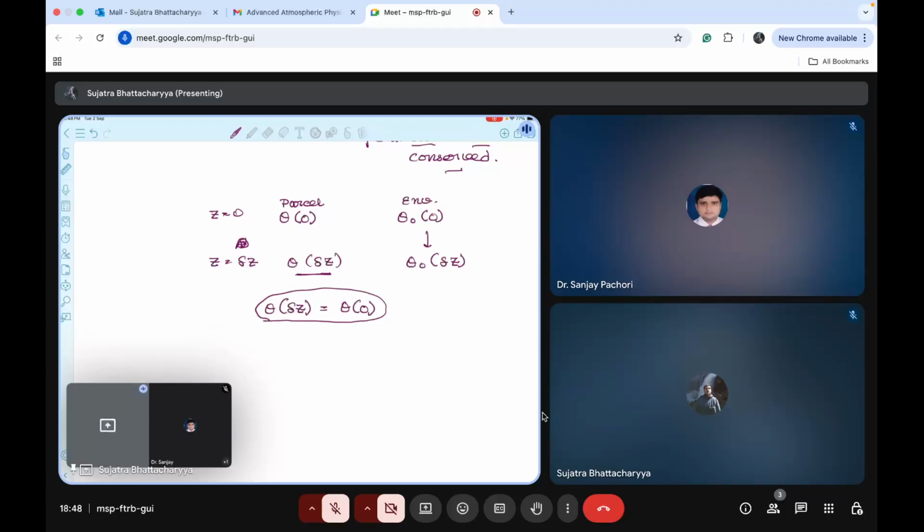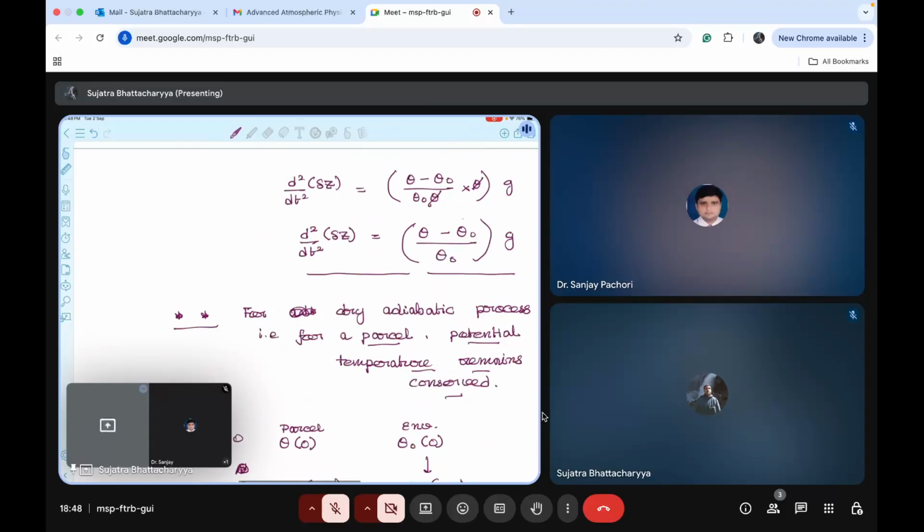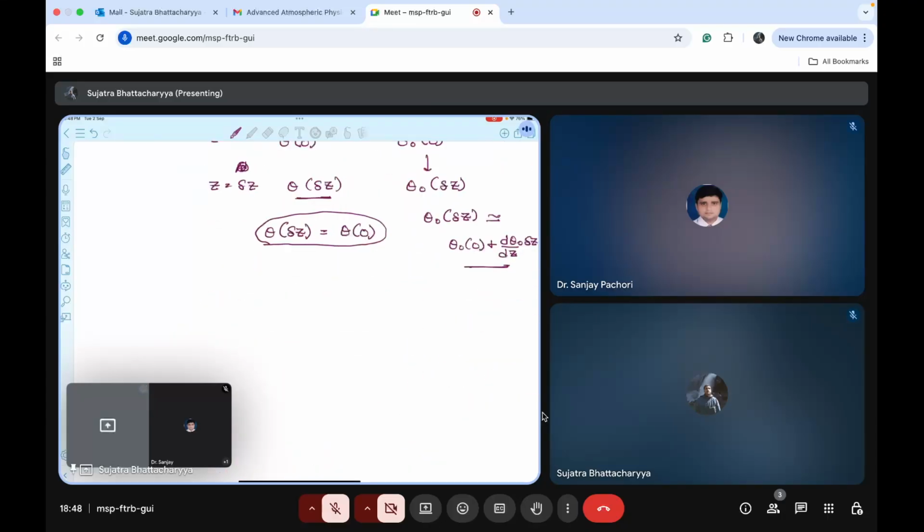But for the environment, what will happen? Theta naught of delta z can be written as a first order Taylor series expansion, that is theta naught of 0 plus d theta naught by dz into delta z. Perfect. Now come to this part and put those expressions. d2 dt2 of delta z was theta minus theta naught by theta naught into g, right? So just put it here.